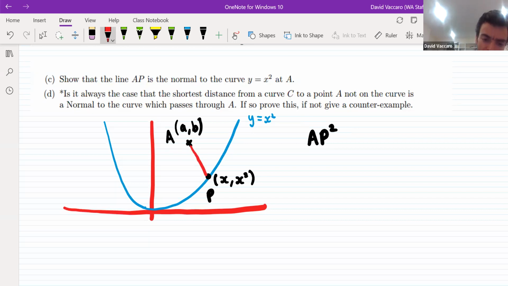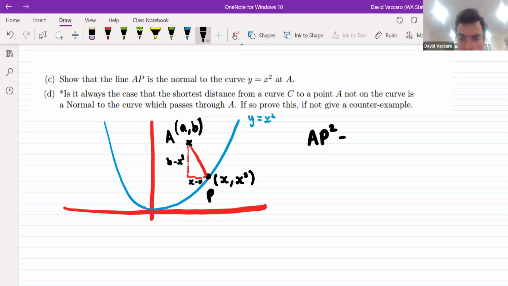I haven't checked the chat, but quite a few suggestions of the bit of maths to use have come in. I'm hoping there'll be lots of people that are thinking of the bit of maths to use to find square lengths. Okay, and so we're going to use Pythagoras. So this distance is x minus a. This distance is b minus x squared.